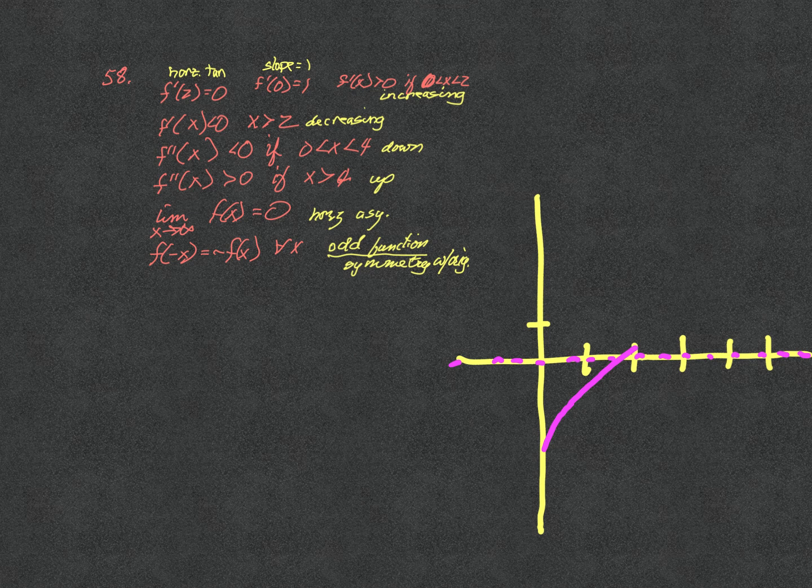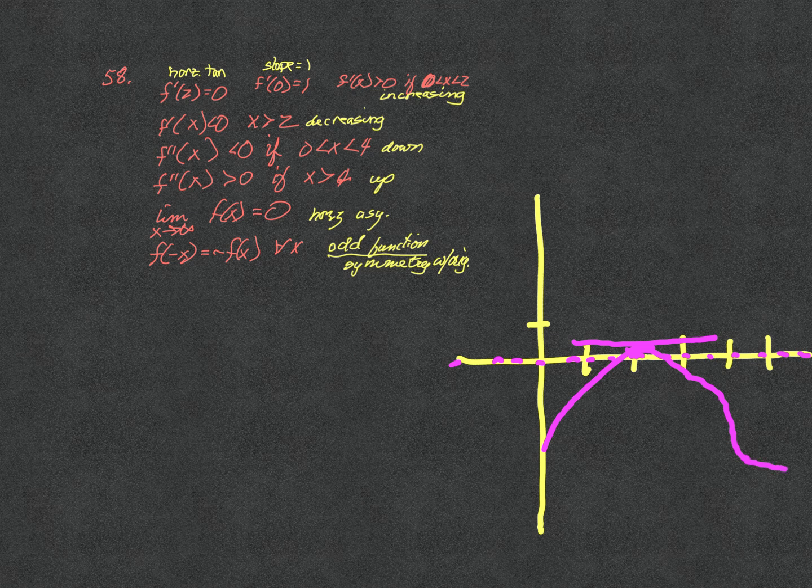And then we're decreasing, and at 2, we get a horizontal tangent. Okay, that makes sense. So then we're decreasing and concave down to 4. And then we go concave up and have the horizontal asymptote at 0.